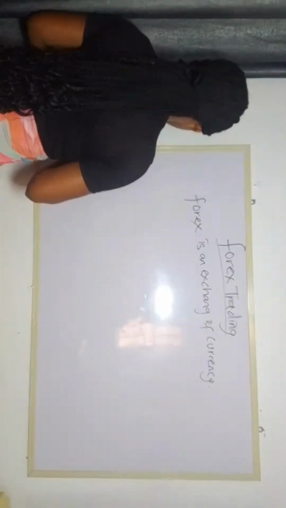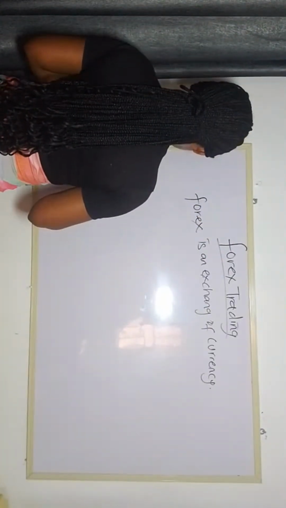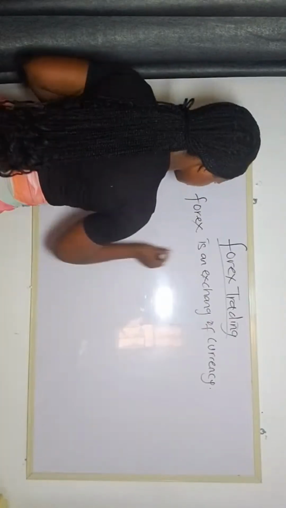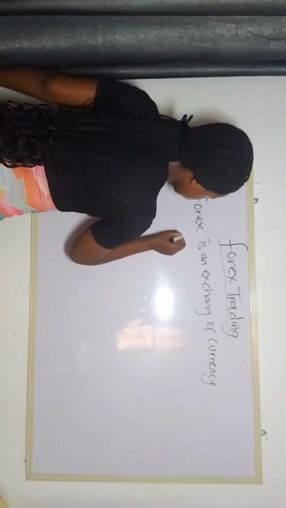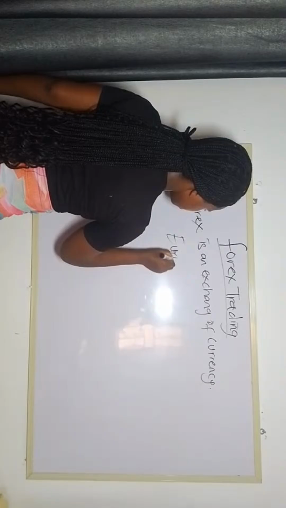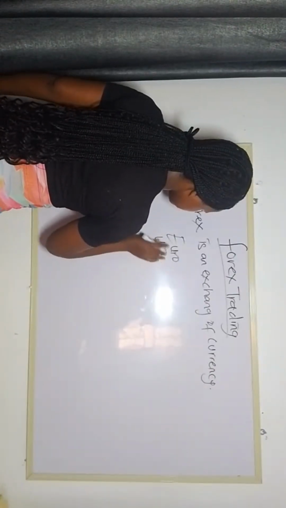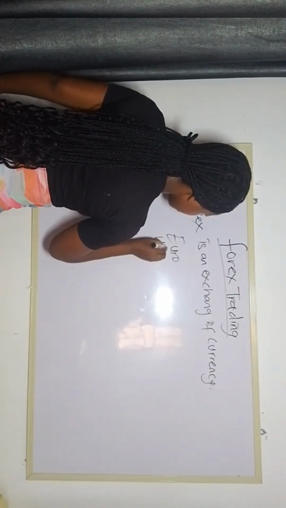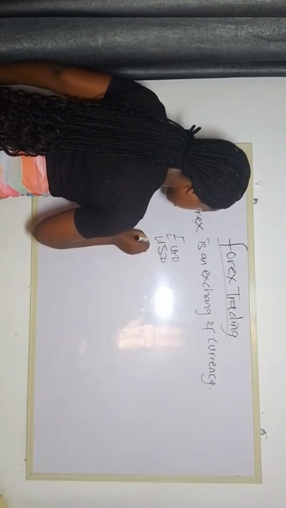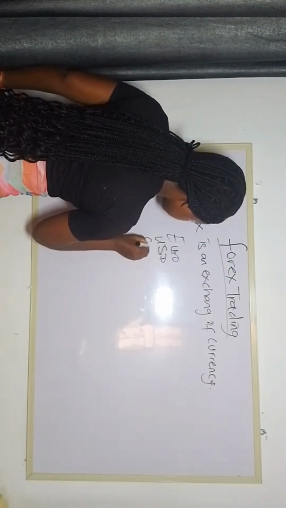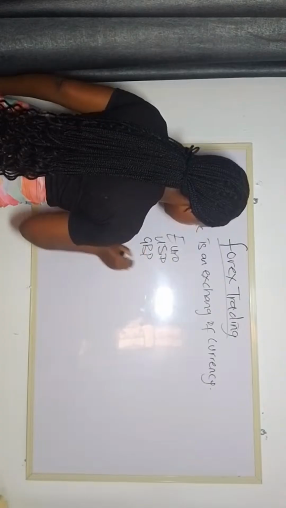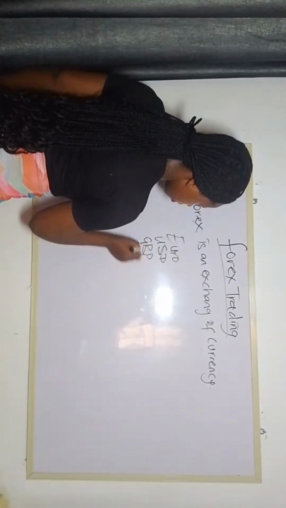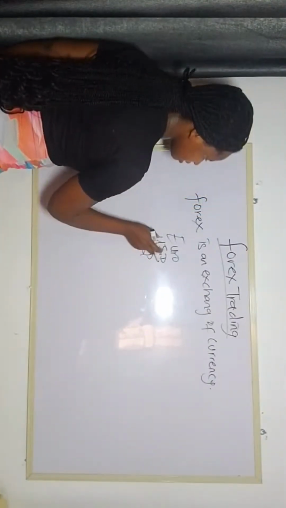Market. And in forex, let me explain currencies to you. We have the euro, we have USD. We have GBP, Great British what? Pounds. And United States what? Dollar.